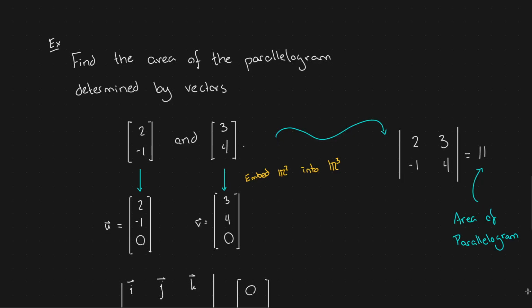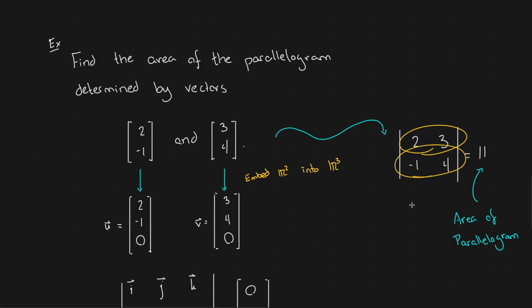The 2 by 2 determinant gives us the area of a parallelogram determined by the vectors in the columns of the matrix, or the rows of the matrix. Remember, the determinant of a transpose is equal to the determinant of the original.